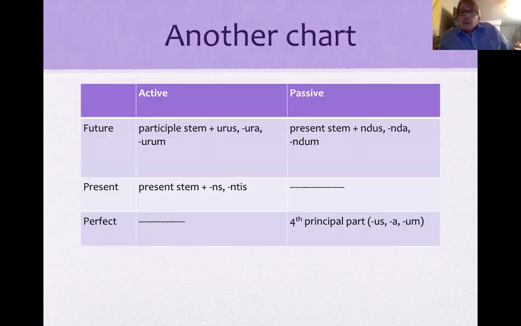Another kind of helpful chart here. So the future active, I have my participial stem plus my endings. Future passive, I have my present stem, which comes from the second principal part, plus my endings. Present stem for the present active participle, and then I tack on my third declension, one termination adjectival endings. And the perfect passive is just the fourth principal part, turned into a first, second declension adjective.